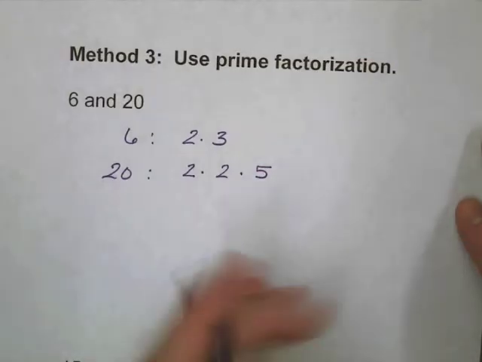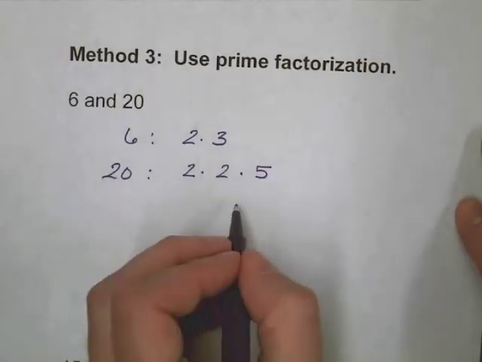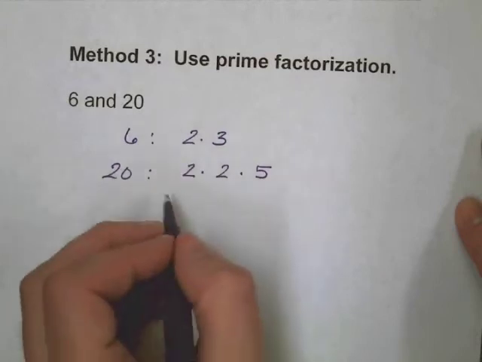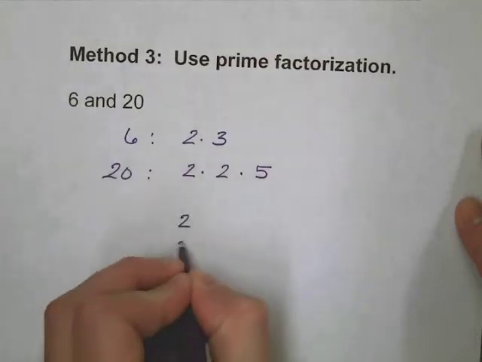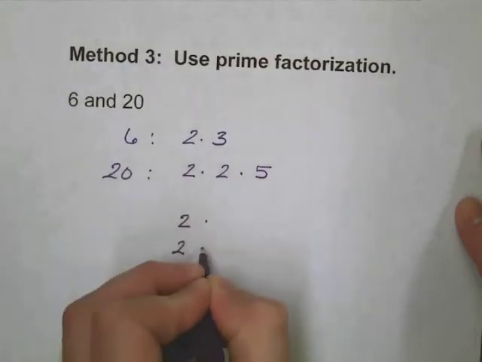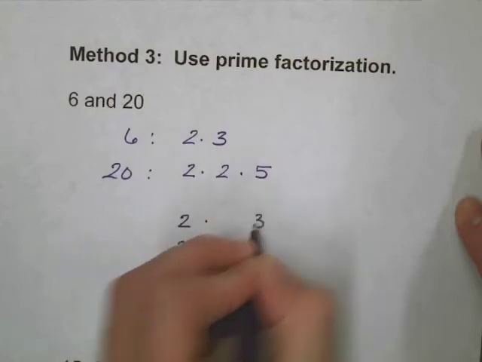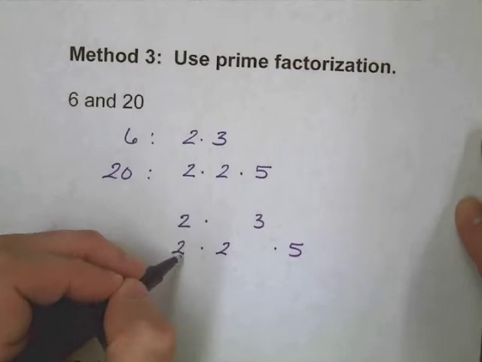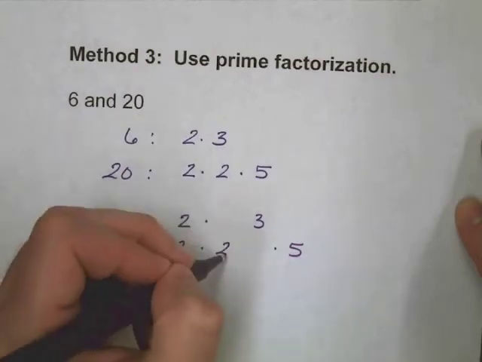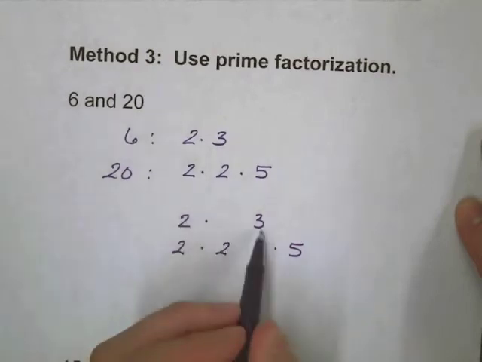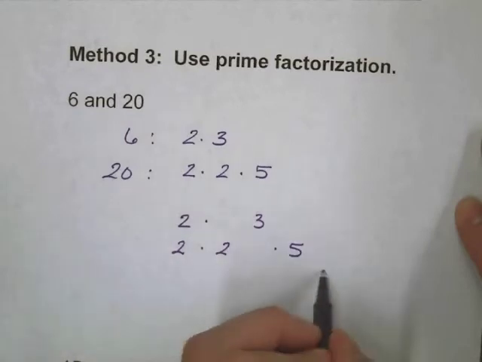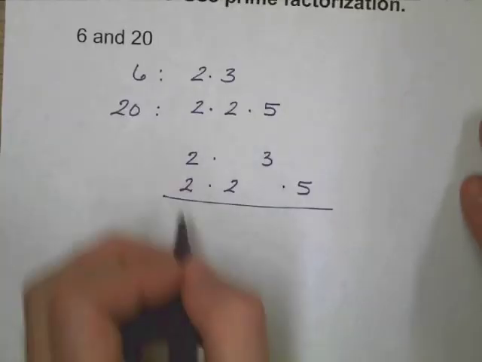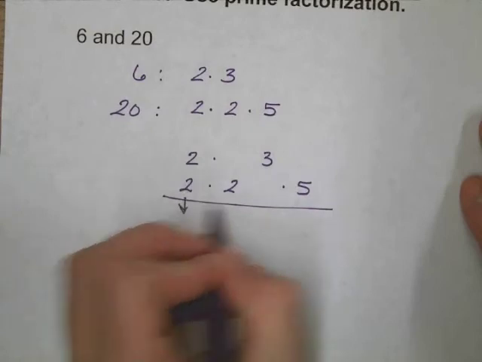Well, if I look at each of those, I'm going to rewrite this here so they're lining up: 2 and 2, 2, 3, and 5. So if the 2s line up, and keeping that in common, there's only one 2 there that doesn't match up with another one, the 3 doesn't match up, and the 5. So I'm going to pull one number out of each of these.